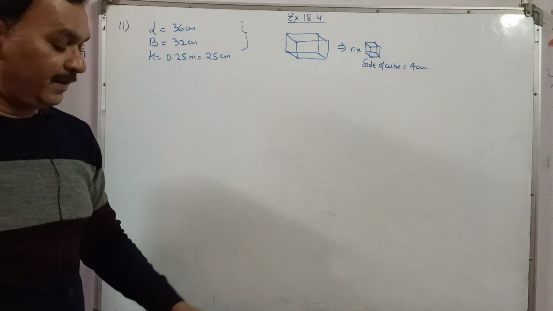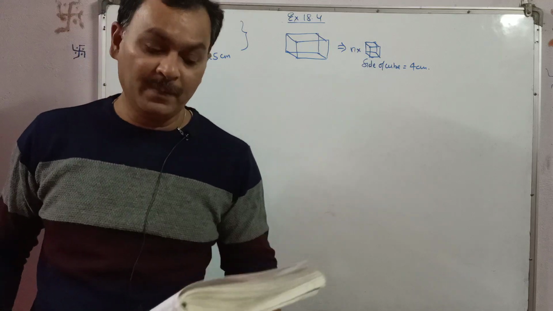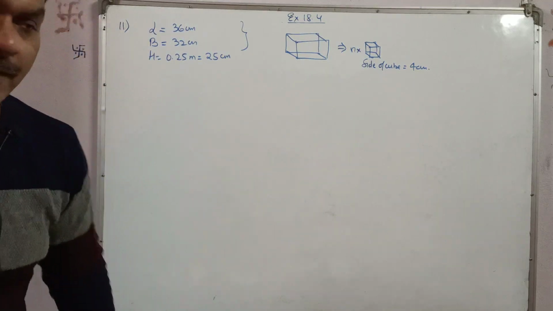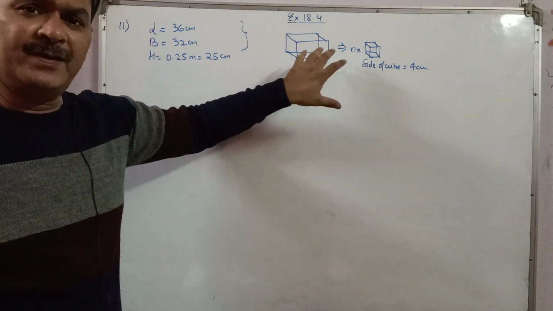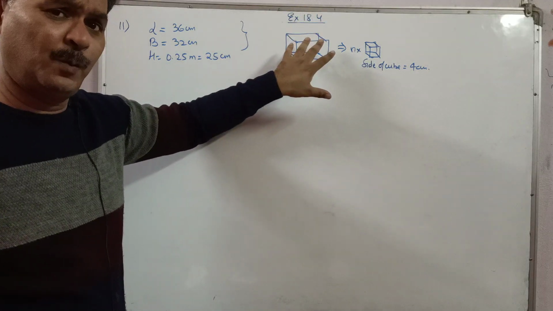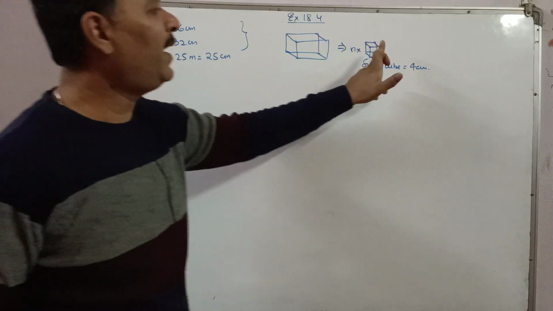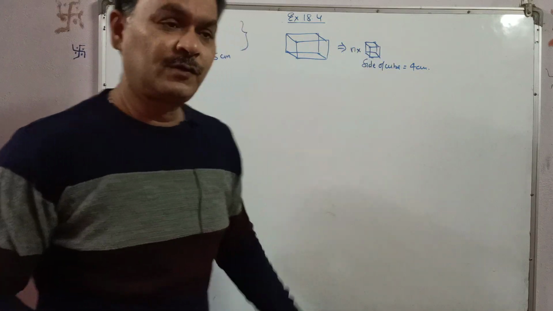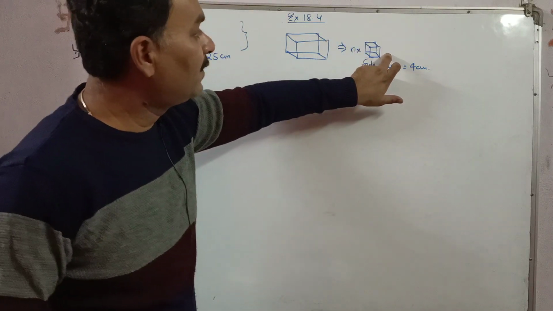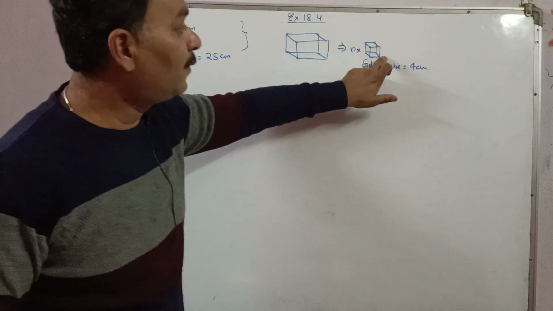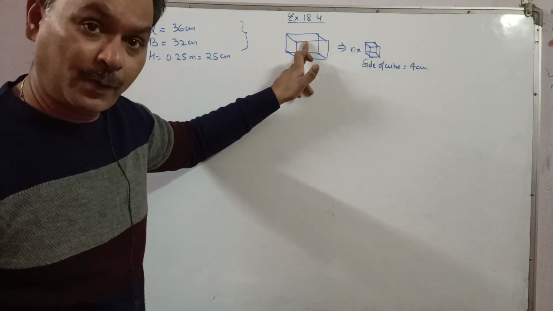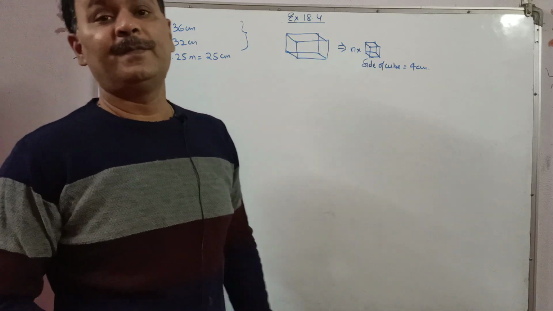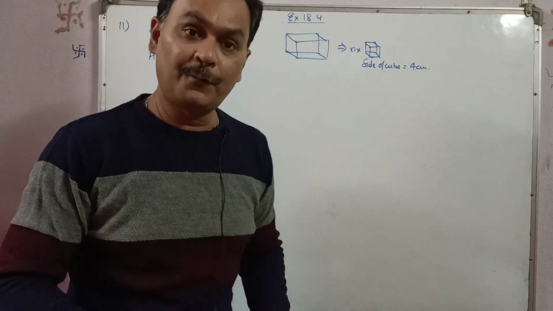Now the first part is, how many such cubes can be made? The amount of matter contained in this cuboid is only used to make the cubes. So how many times the volume of this cube will come into the volume of the bigger cuboid will give you the number of cubes that can be formed.